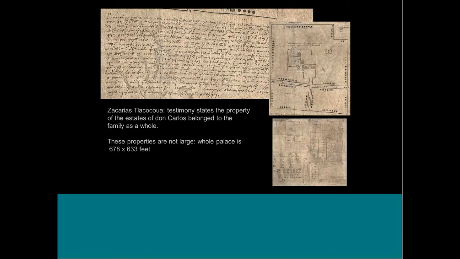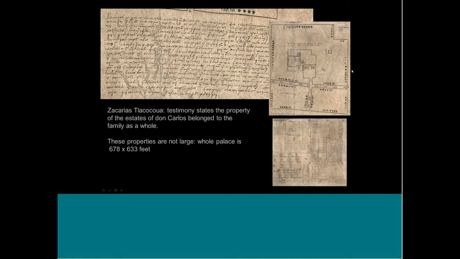Now, the biggest property that we see on the map is in fact this palace, and none of the properties are that big. This one is, as I said, 678 by 633 feet, which is not extremely large. And we can really tell how big the properties are because they're all surveyed. Every one of the properties shown on the map has these dots and bars around the perimeter, and each of those basically gives us the length of the particular pieces of property.